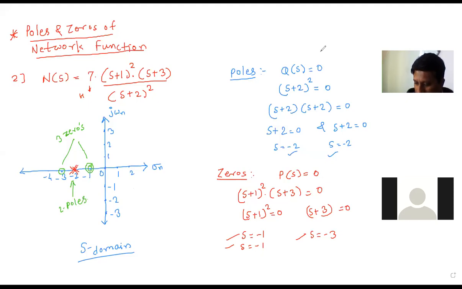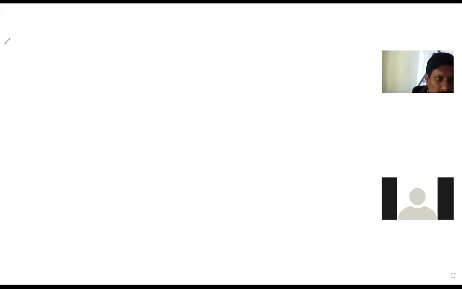Okay. So next example I will take. Now you can help me with how to plot the poles and zeros. So here you can take the third example.